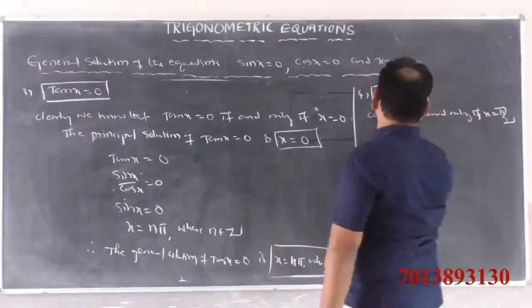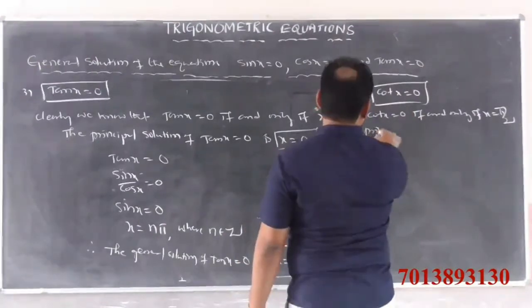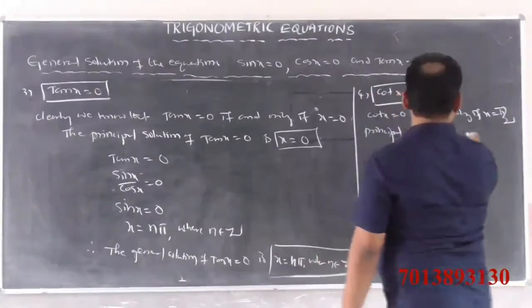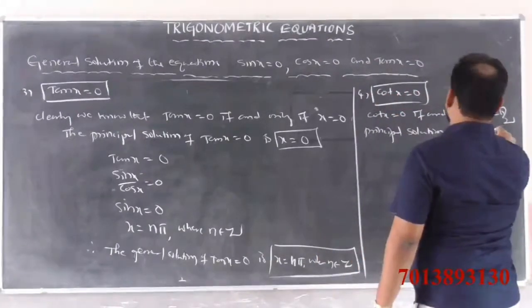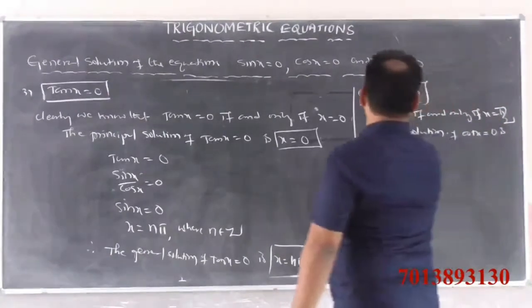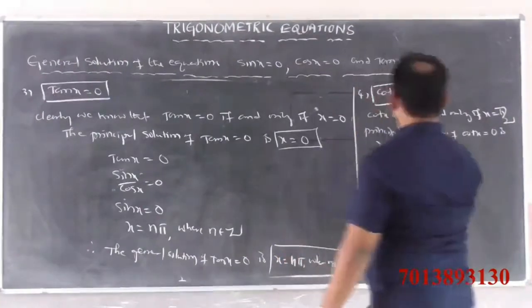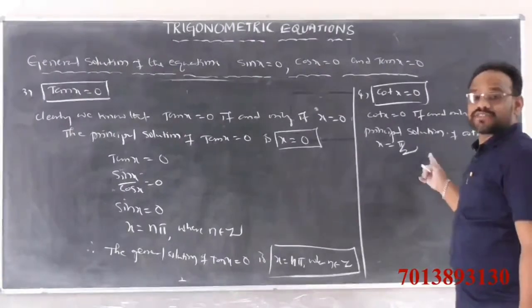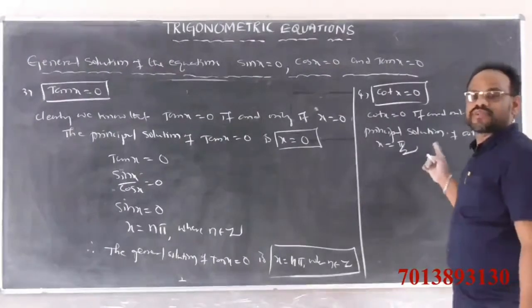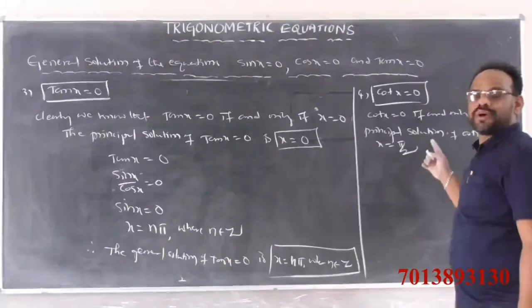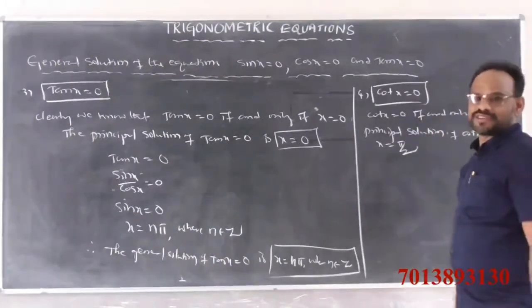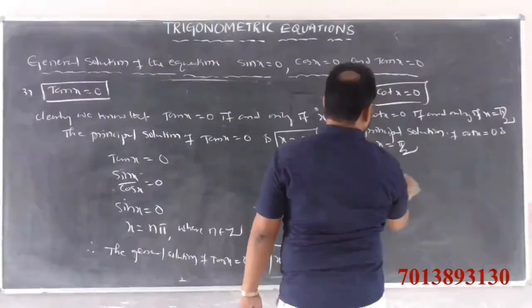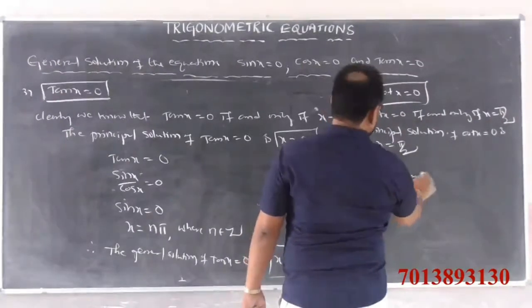So the principal solution of cot x equals 0 is x is equal to pi by 2. We want the general solution of cot x equals 0. Cot can be written as cos x by sin x is equal to 0.